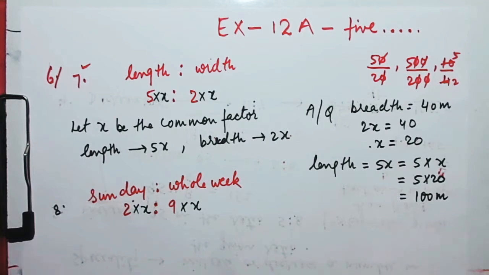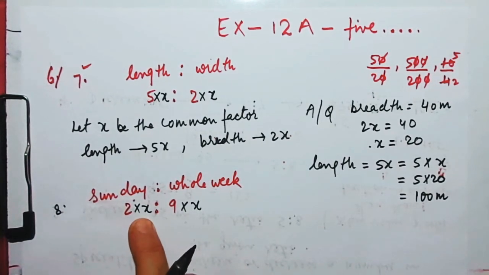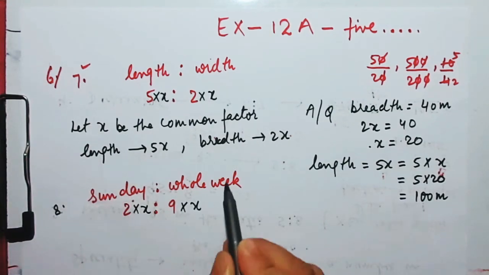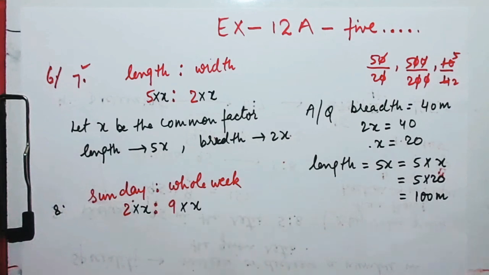Just by multiplying x into both these ratios, you get the value of total sale on Sunday and total sale of the whole week. Previously it was a ratio, now you got a value.